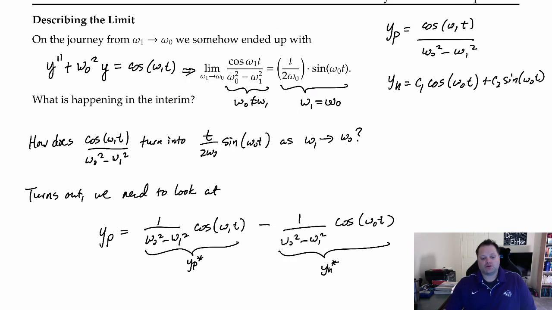So our new particular solution we want to look at is the one we had minus this part of the homogeneous solution, where I make C1 equal to 1 over omega naught squared minus omega 1 squared. And if you do that, then you will get cosine omega 1 t minus cosine omega naught t divided by omega naught squared minus omega 1 squared.